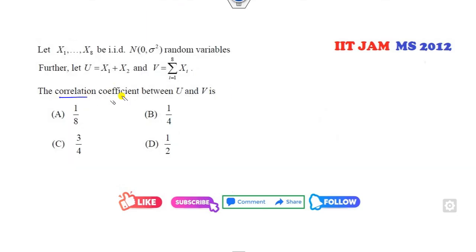Find the correlation between them. So firstly find the covariance between u and v. So covariance, u is x1 plus x2, and v is x1 plus x2 up to x8. Again very simple. If I use this approach, it's the variance of x1.